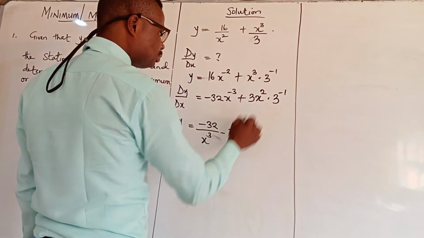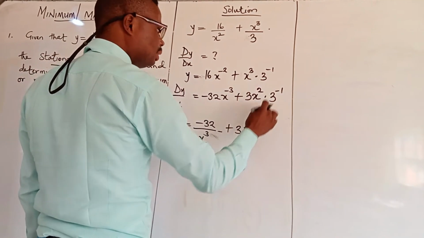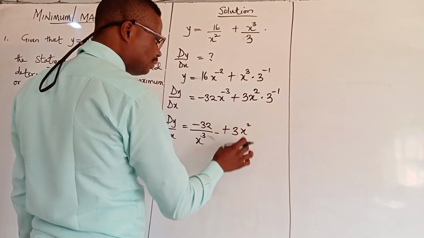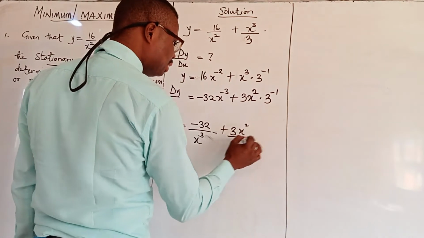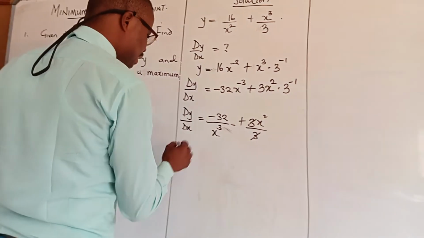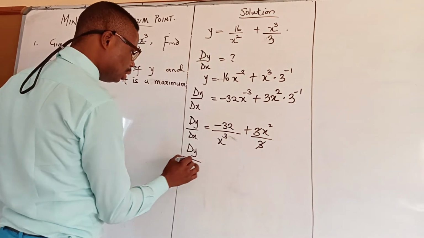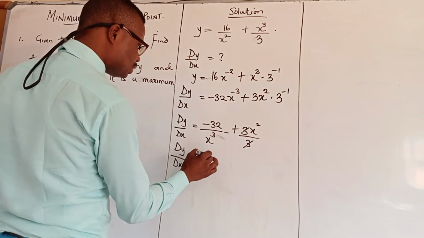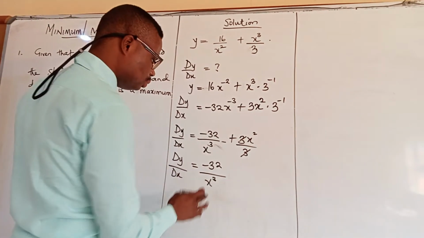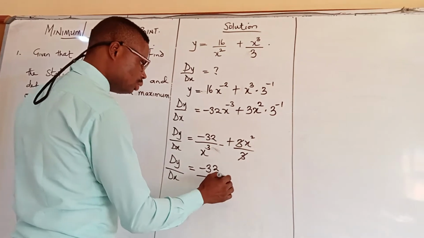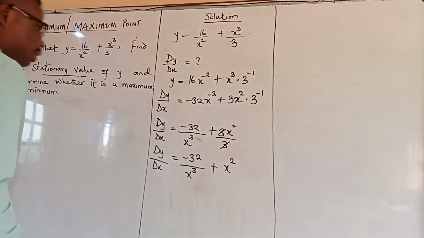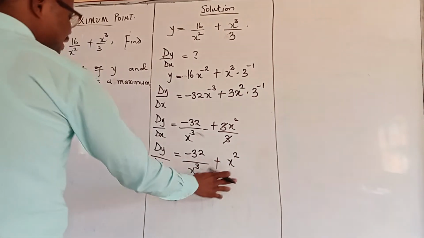Then plus 3x squared, and 3 raised to the power minus 1 is the same thing as 1 over 3. So 1 over 3 multiplied by 3x squared gives 3x squared over 3, so the 3s cancel. Then dy/dx equals minus 32 over x cubed plus x squared.